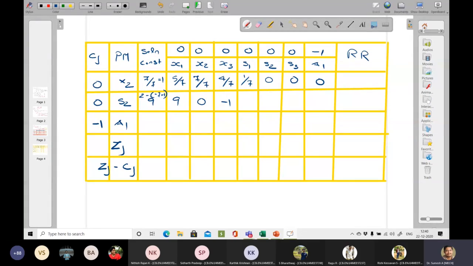Minus 7 is the corresponding element in the key column. 1 is the reduced element in that particular column. Still any confusion? Minus 1. Please solve it.